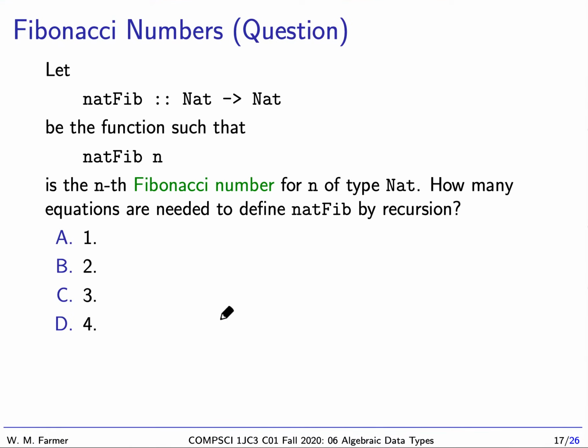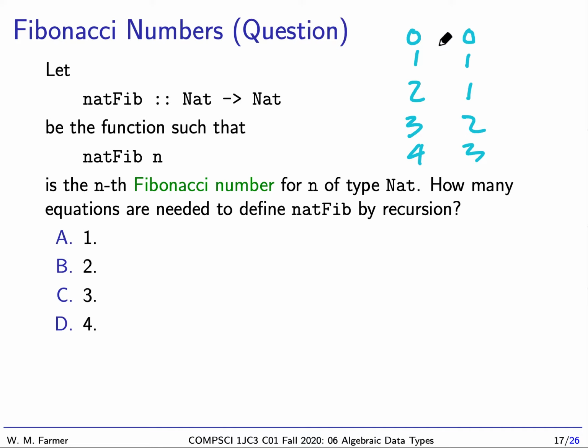Now, you know what the Fibonacci numbers are. They are a sequence of numbers where we have the first Fibonacci number, which we'll call 0. The second one is 1. And then we start adding them, and so forth.